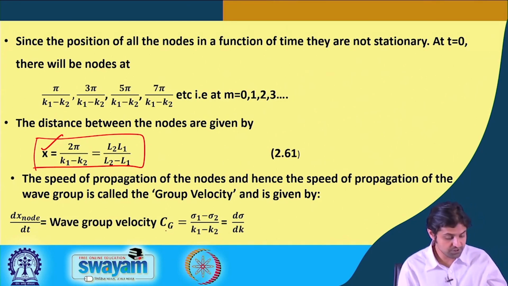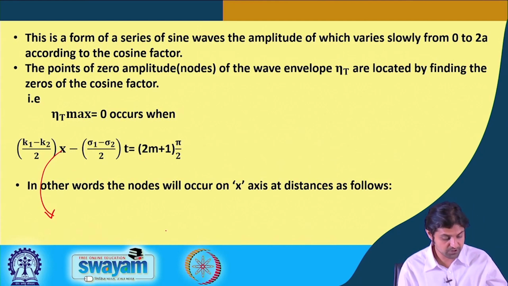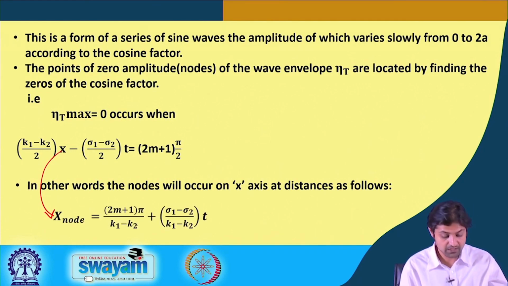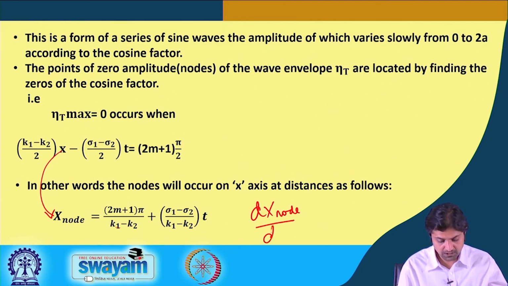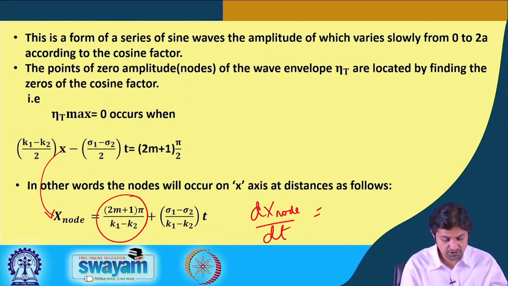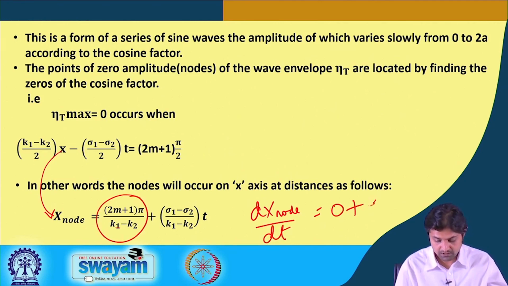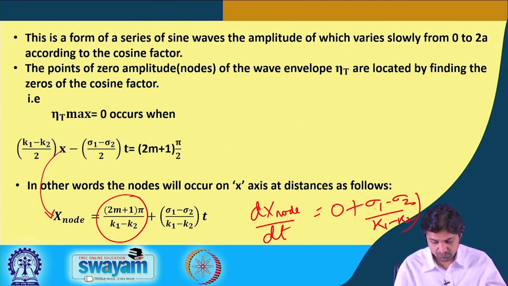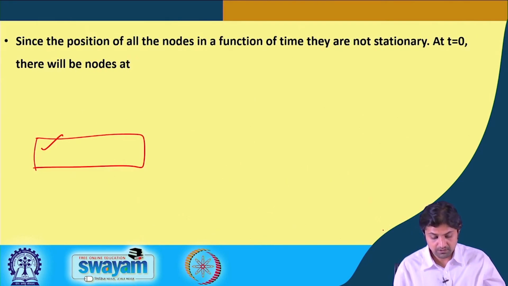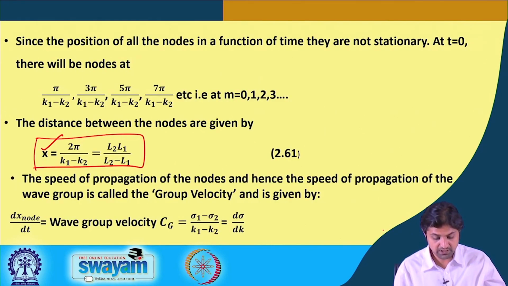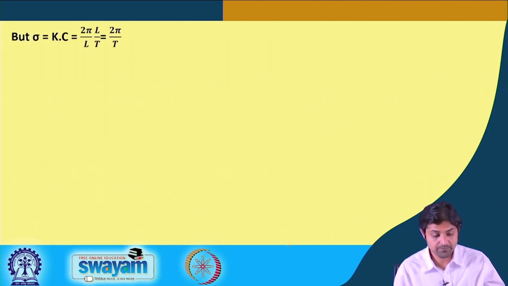If you go to see x node, what was x node? X node was here, and if you differentiate dx node by dt, this term on differentiation will be 0 plus sigma 1 minus sigma 2 divided by k1 minus k2, and this is what is told here: sigma 1 minus sigma 2 divided by k1 minus k2, or d sigma by dk, alright.